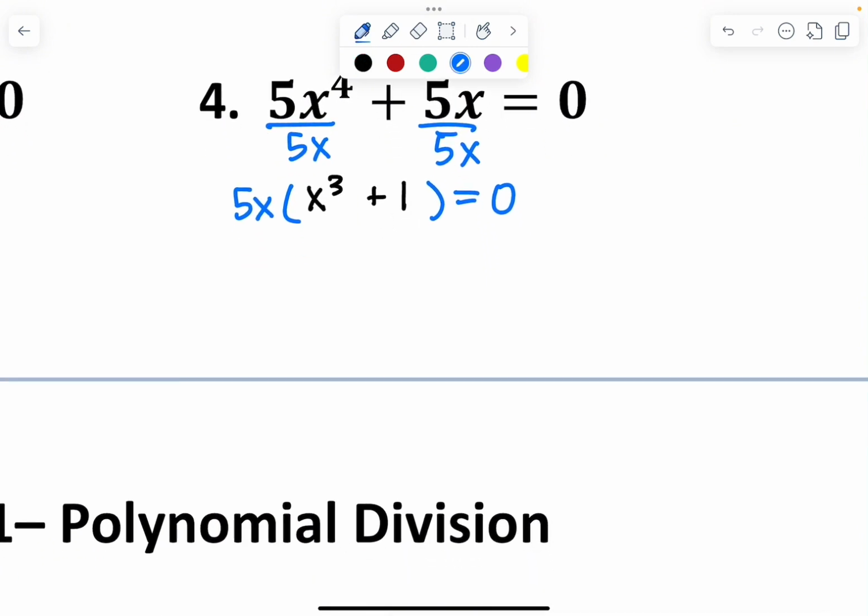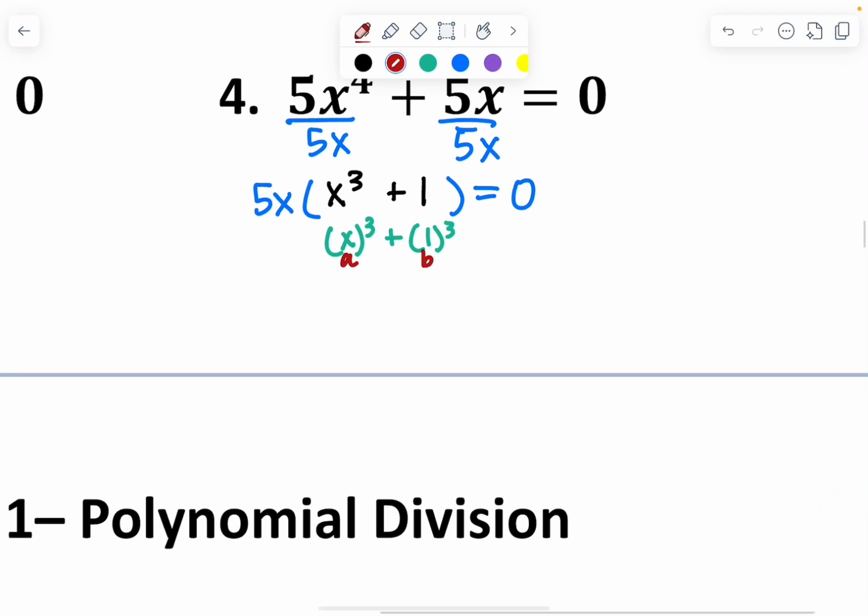And so this x cubed plus 1, that's a sum of cubes. X cubed is a perfect cube, and then 1 cubed would give us the 1, so that's also a perfect cube that a lot of people forget about. And so x is our a value, and 1 is our b value for this sum of cubes.